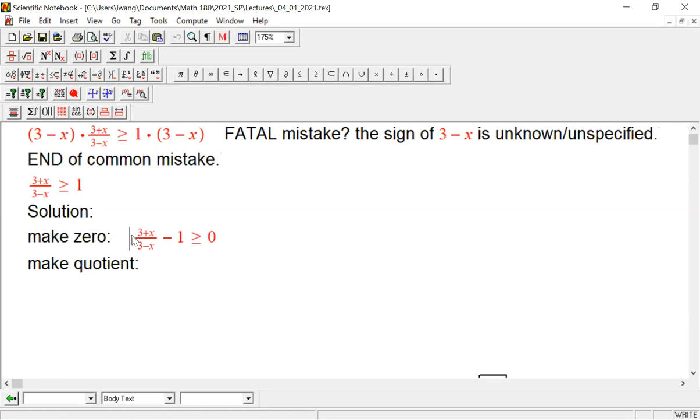Because this is no longer one quotient. This is a quotient minus a number. So this is not a single quotient. So we make a quotient so that we can use principle number 6.